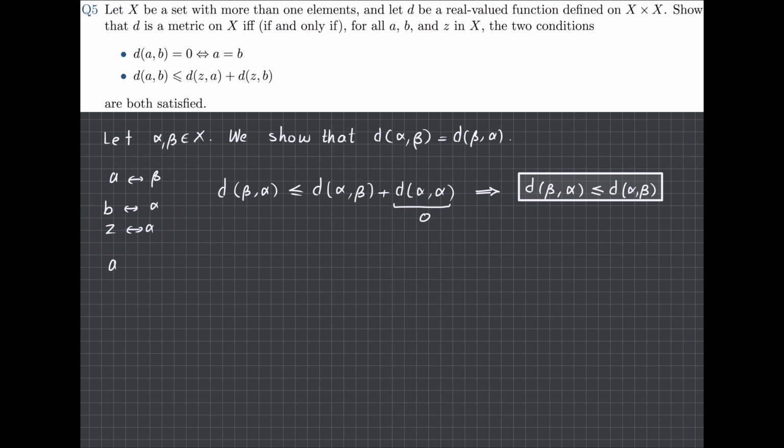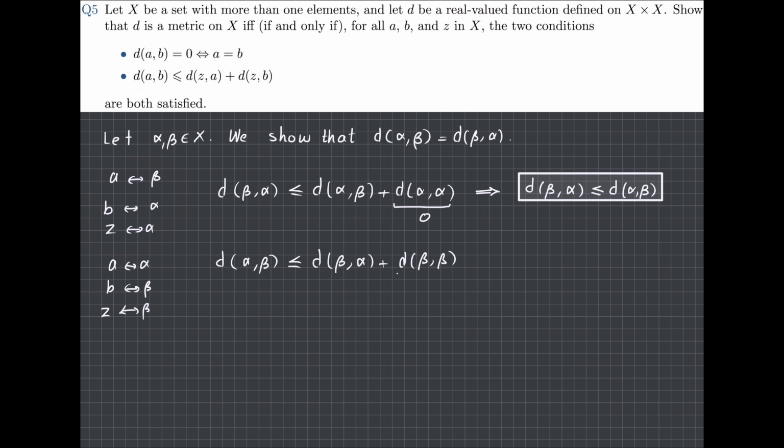I replace A with alpha, B with beta, and Z with beta again. And if I rewrite this inequality, what do we get? D, instead of A I put alpha, instead of B I put beta, is less than or equal to D, instead of Z beta, instead of A alpha, plus D, instead of Z beta, and instead of B beta again.